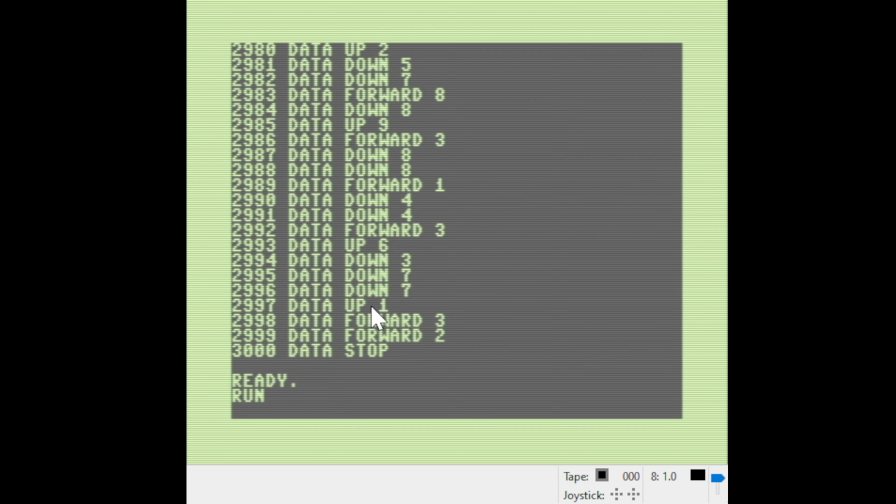Running this, and this is at standard NTSC speed, it takes a while. I think the actual listing took longer, but it's got to churn through every single one of those DATA lines and process the calculations.